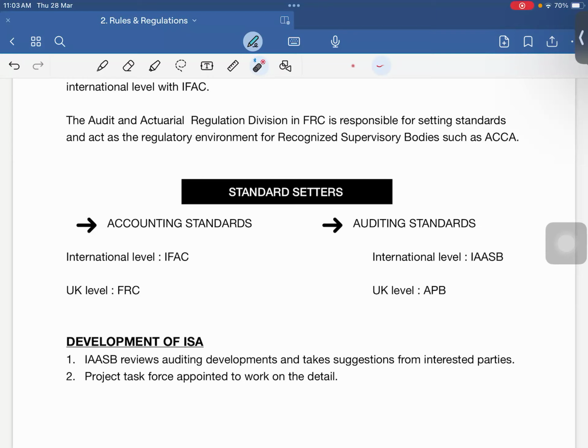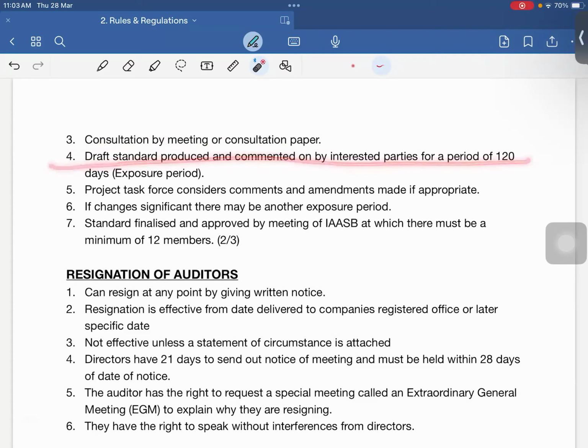They are going to appoint a special team, that is the second point, to go through all this in detail. Then they are going to set up a meeting. In that meeting, they are going to present a proposed standard that they have developed, and discuss it with the other parties.